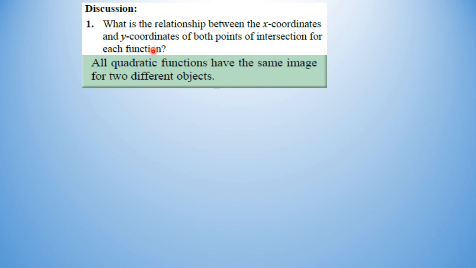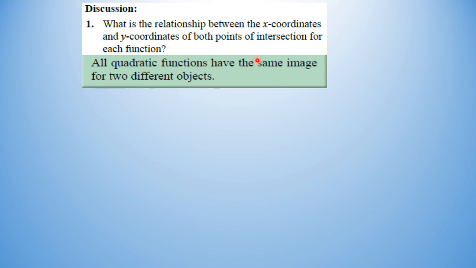From the previous slide, we already drew the straight line parallel to the x-axis, marked the 2 intersection points, and stated the coordinates of the 2 intersection points, right? So now we have to determine what is the relationship between the x-coordinate and y-coordinate.